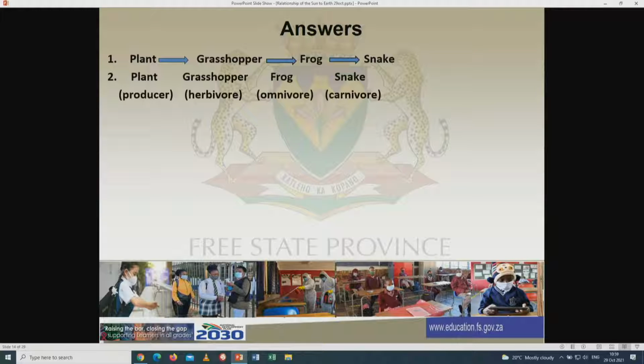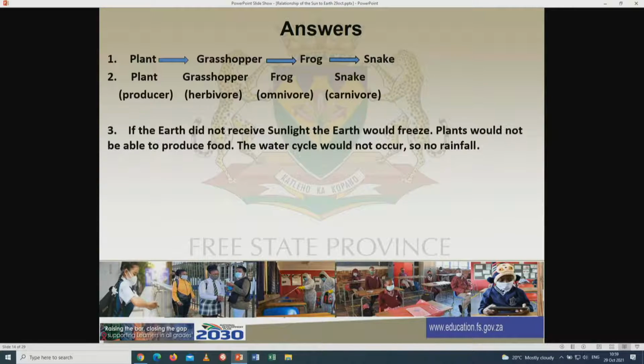For our third question, remember the question said, what would happen if the earth did not receive any sunshine? If the earth did not receive sunlight, the earth would freeze. Plants would not be able to produce food. The water cycle would not occur, so no rainfall.